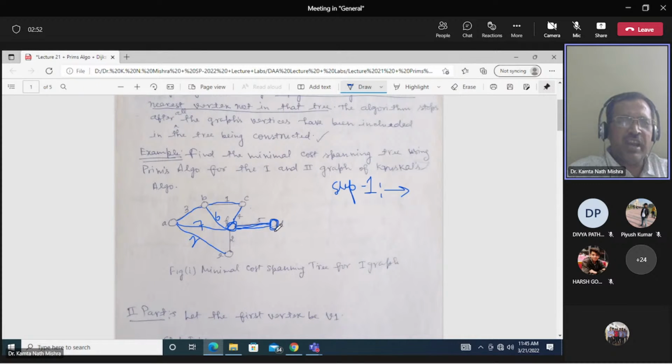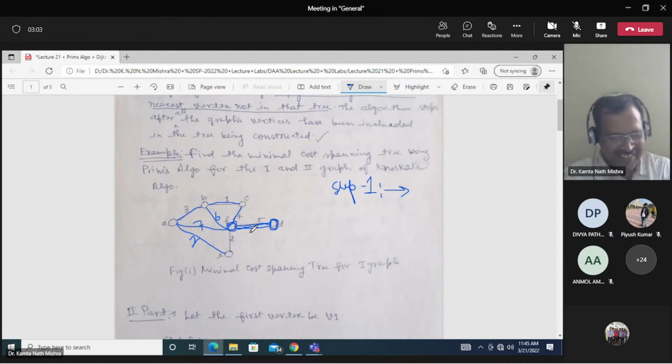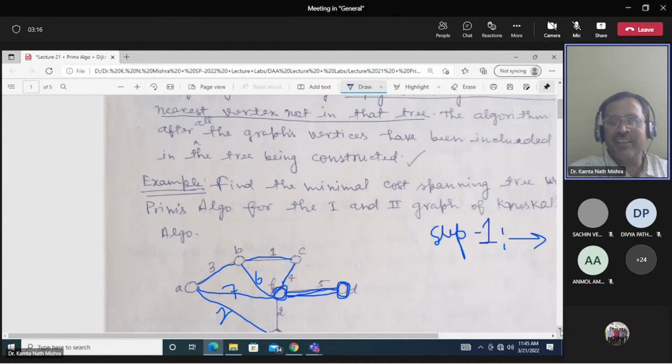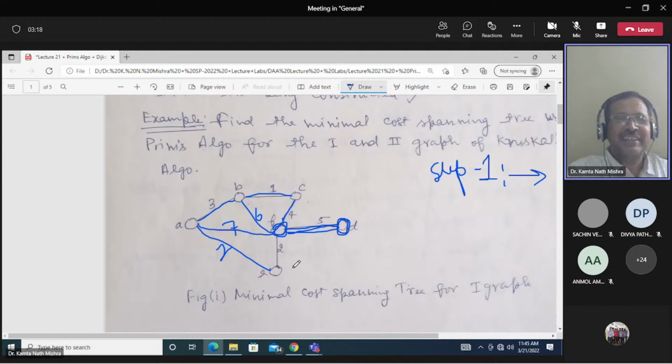We are at D and we are at F. The next minimum edge connected to D and F. The next nearest edge to D is 6.